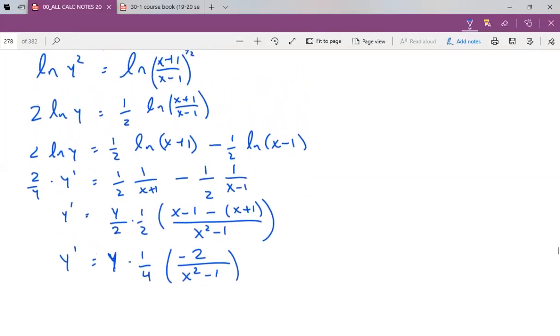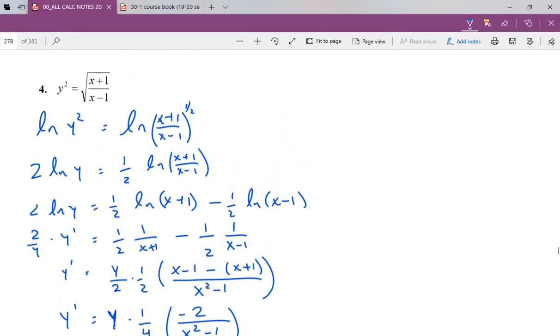Now, when we go to substitute y back in here, let's look back at the beginning. This was y squared, not just y. So y really is equal to, if I square root both sides, plus or minus. This is now a 4th root, right?